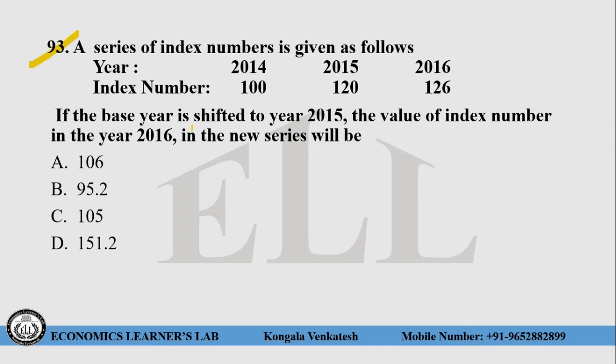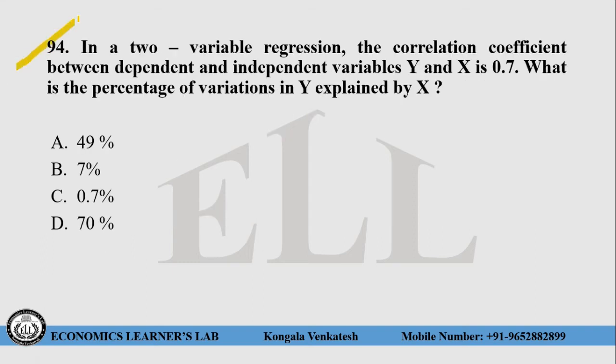If the base year is shifted to the year 2015, the value of the index number in the year 2016 in the new series will be: choice A: 106, choice B: 95.2, choice C: 105, choice D: 151.2. So here the right answer for this question is choice number C, that is 105.